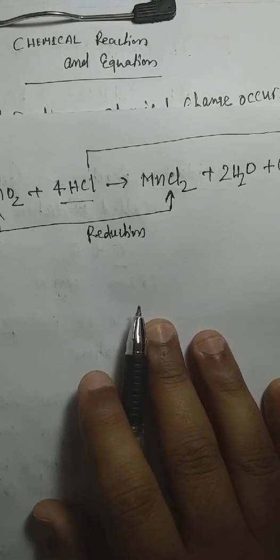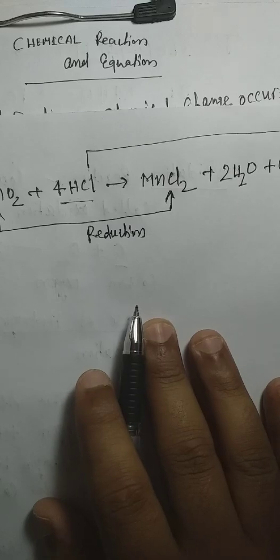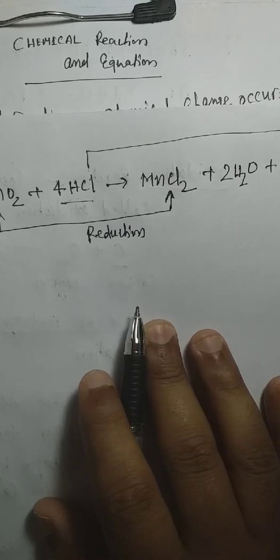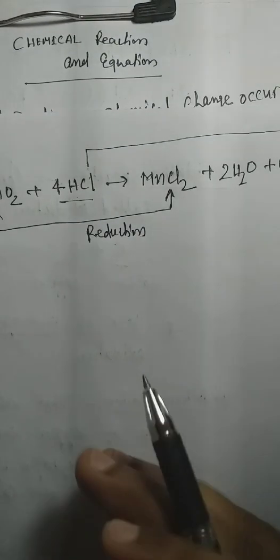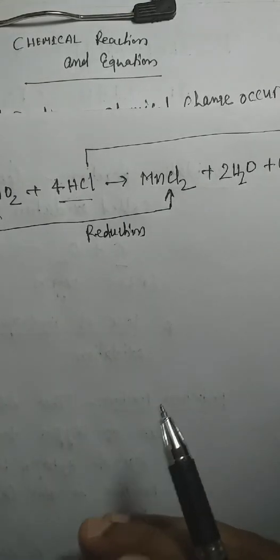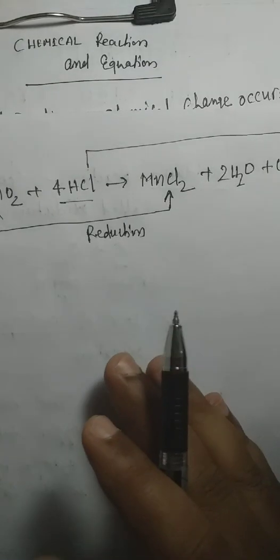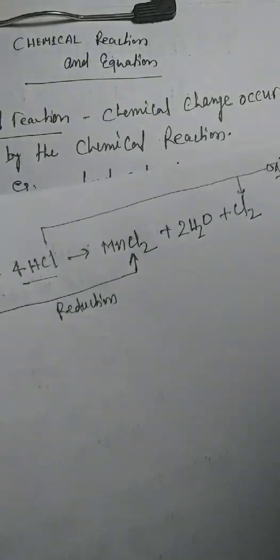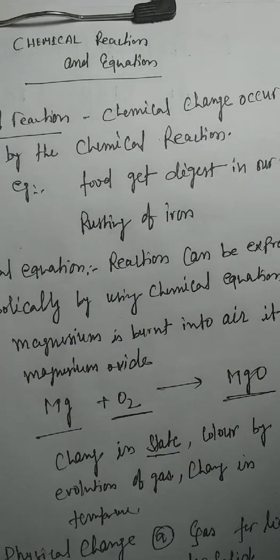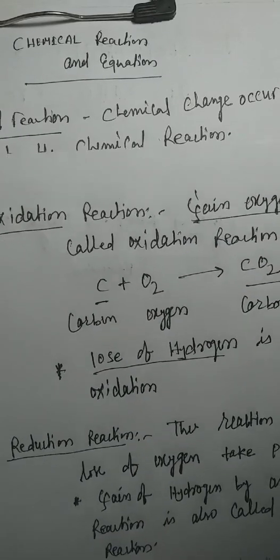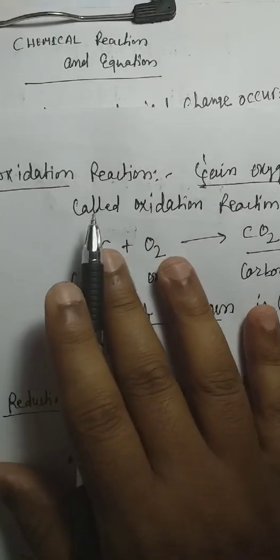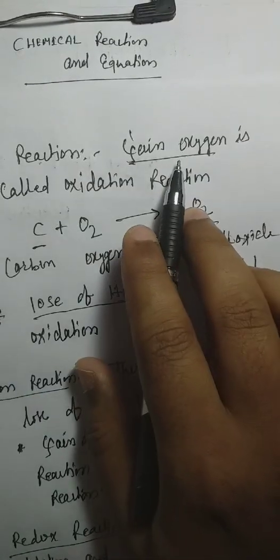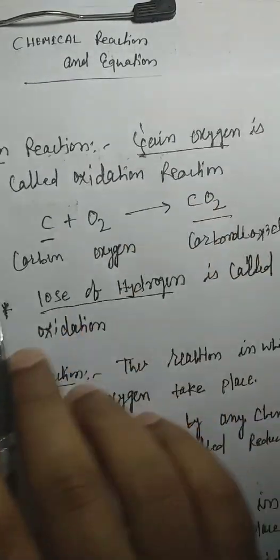A very important topic in this chapter. So please be careful. Whatever we learned, regularly go through its related questions as well as read the theoretical part which we discussed in class. So see, what is an oxidation reaction? Oxidation is where gain of oxygen or loss of hydrogen takes place.